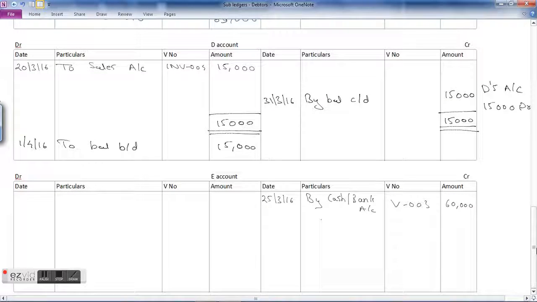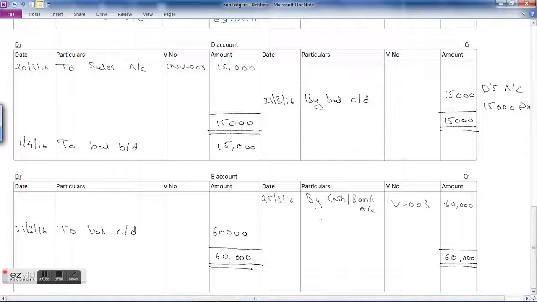Next is E's account. Now E's account credit side total is 60,000. On the debit side there is no transaction. So both the totals are 60,000. Then on 31st March 2016, to balance carried down 60,000.